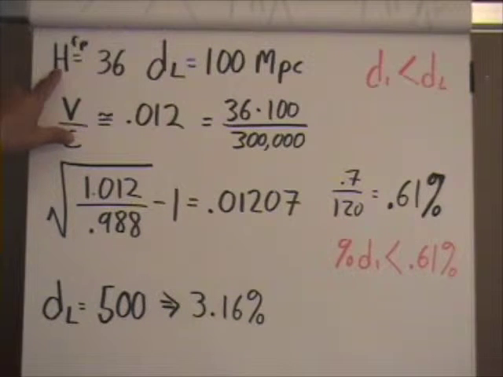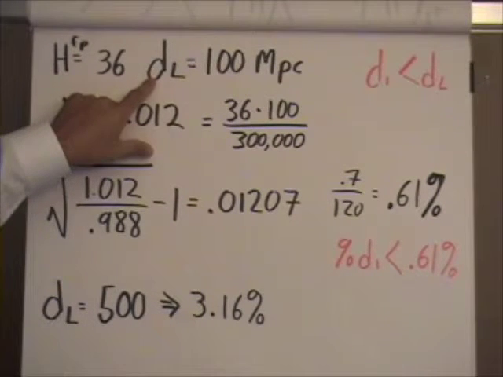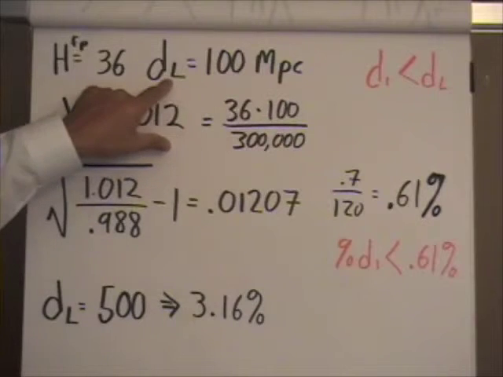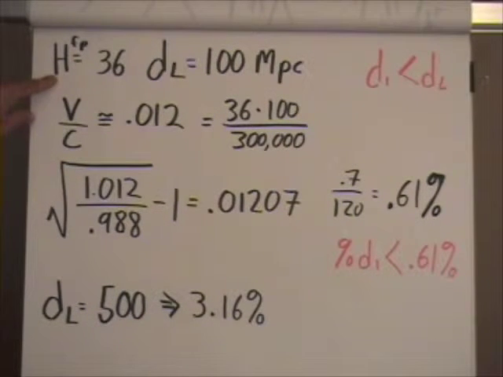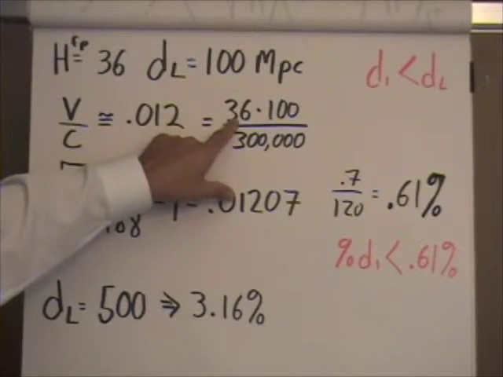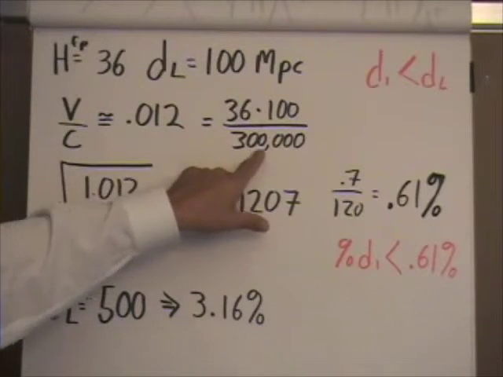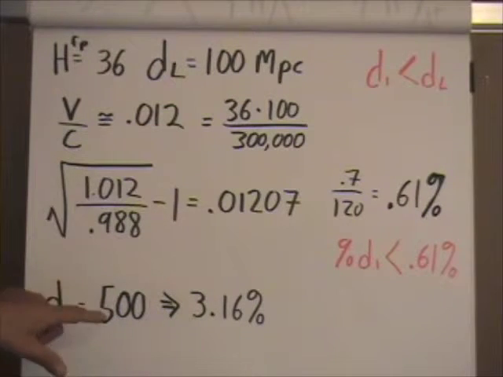If we use a first principles H value of 36 and an object with dL of 100 megaparsecs, then the non-relativistic formula V over C, 36 times 100 over 300,000 is 0.012.